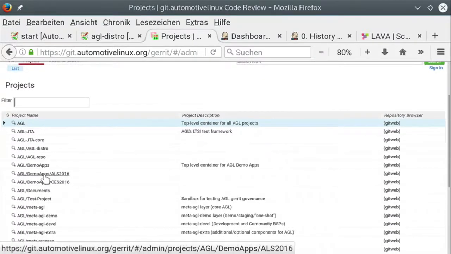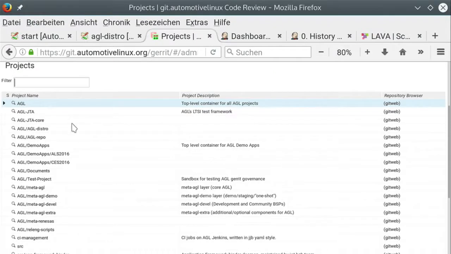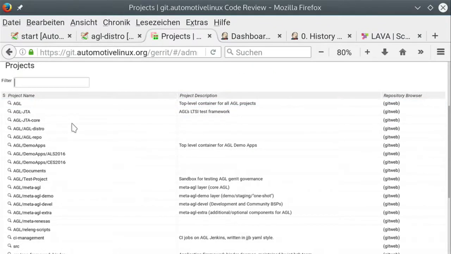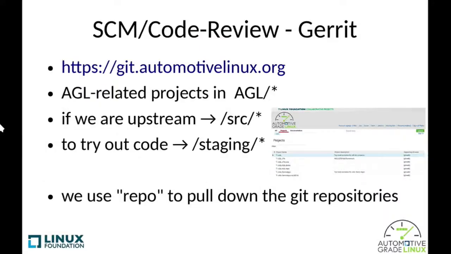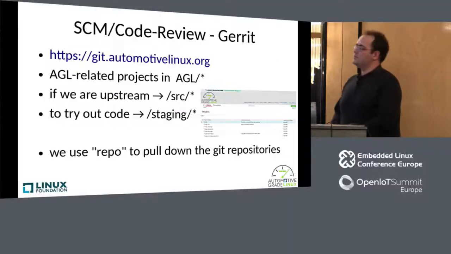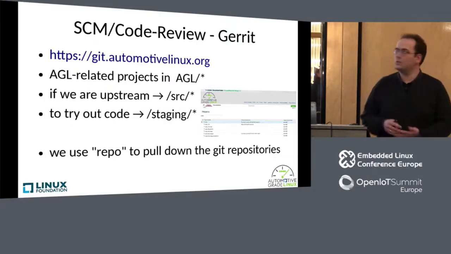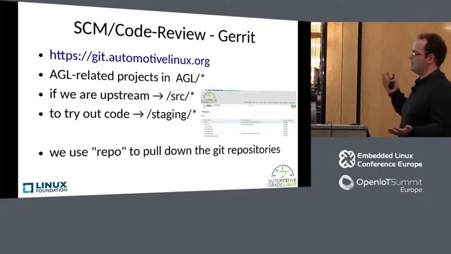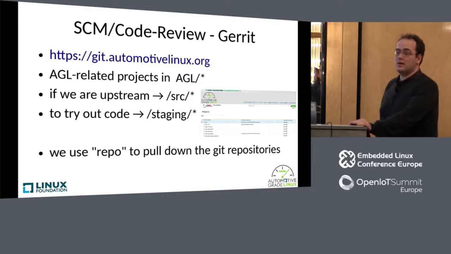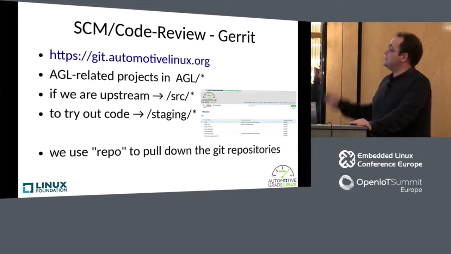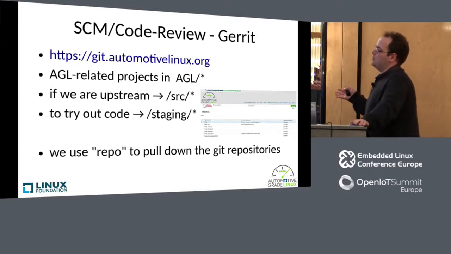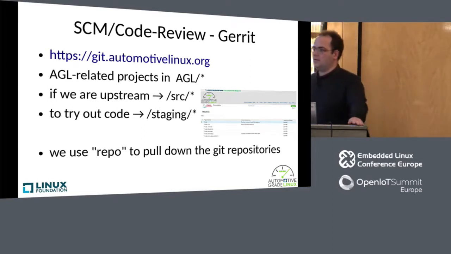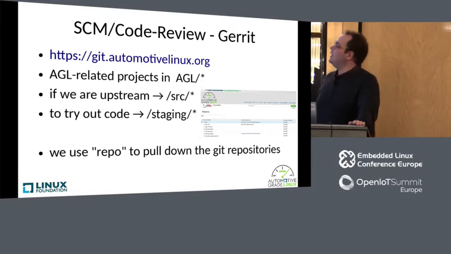Everything that's prefixed with AGL, that's our main projects. And let me switch back. We have a few repos where we are the upstream, that's in source, and we have some scratch space where we want to try stuff out and poke at patches, that's in staging. For the main part, we use repo to pull down the repositories.